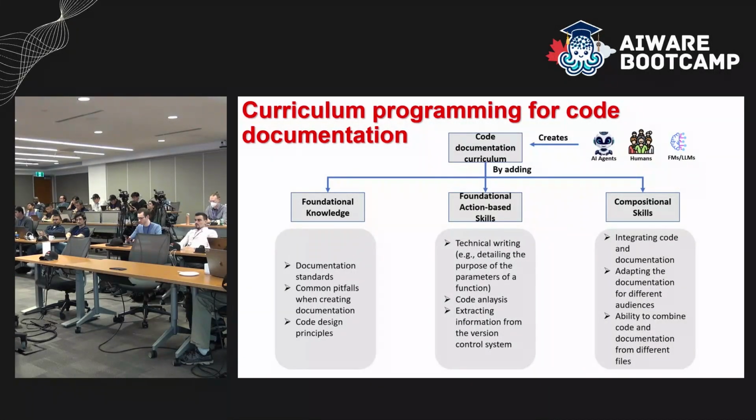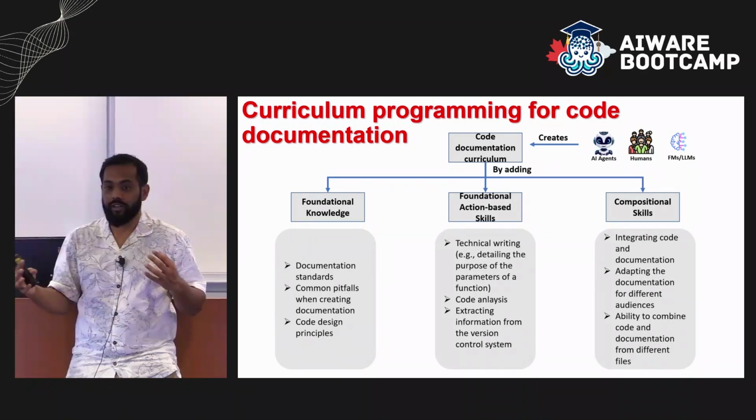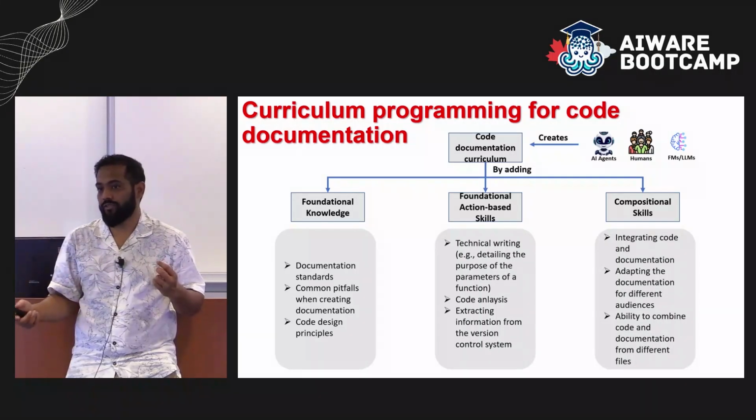So we have some documentation standards, pitfalls, code design principles, and in the foundational action-based skills, we have the technical writing skills, the code analysis skills, and how to extract information from different tools. And in compositional skills, we have data that represents how to integrate code and documentation, adapting different types of documentation for different audiences.